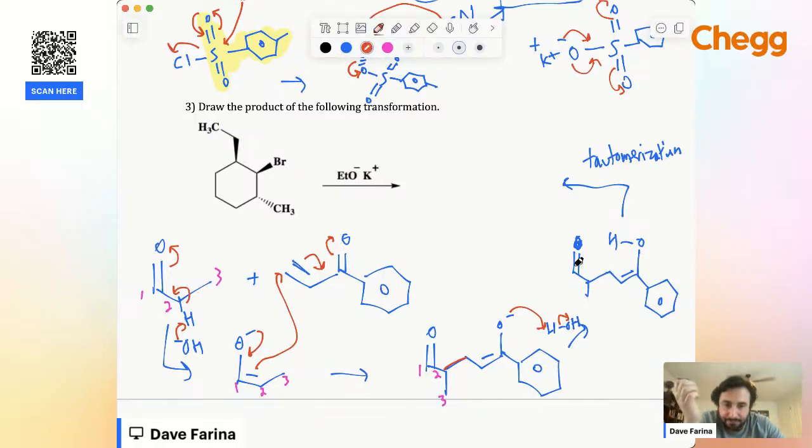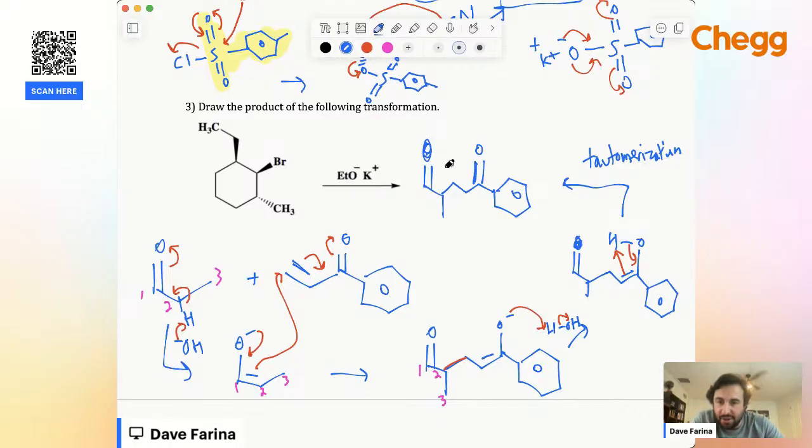And what that means is that this pi bond will get that, and then this will form the carbonyl. And this happens, it's concerted, it's totally concerted. And so we'll end up with this. We end up with the dione.